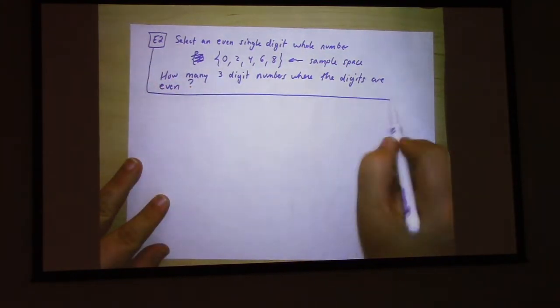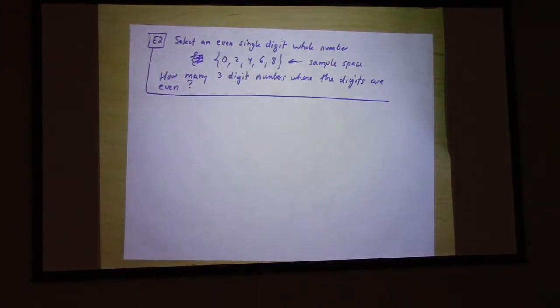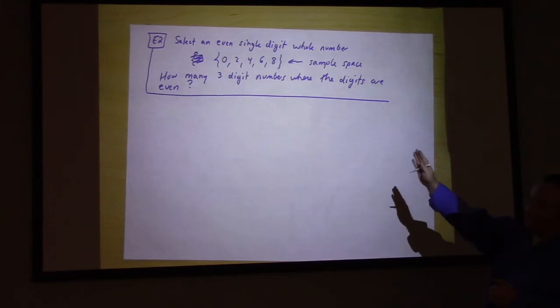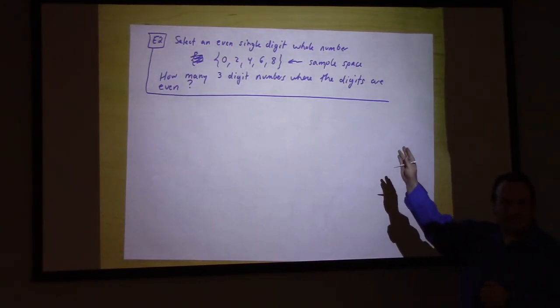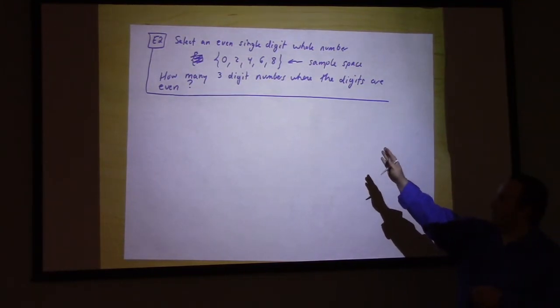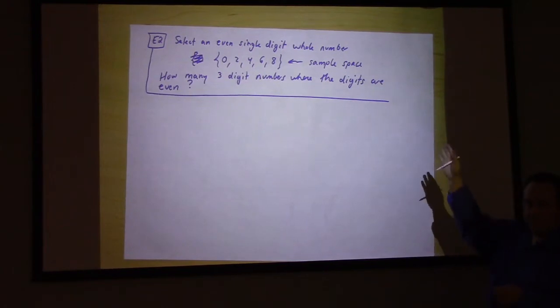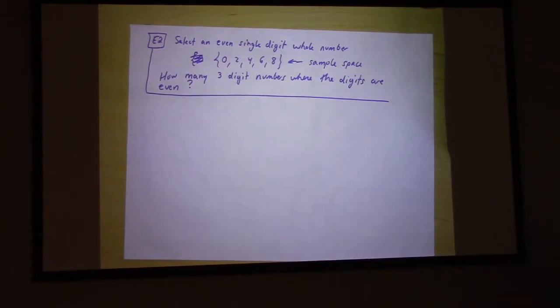So how many 3-digit numbers where the digits are even? So those are your choices for an even. If the digits are even, each digit forming the number has to be taken from that sample space, right?